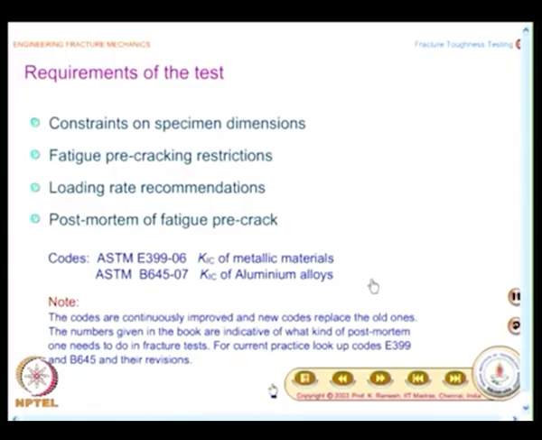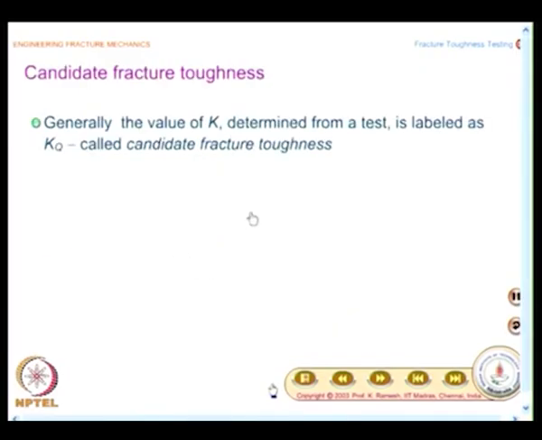So, certain aspects of whatever we discuss may get outdated or may remain, only time will say. And you also have another concept called candidate fracture toughness. That means when I perform a fracture toughness testing, at the end of the test whatever I get is labeled as KQ, which is called candidate fracture toughness.